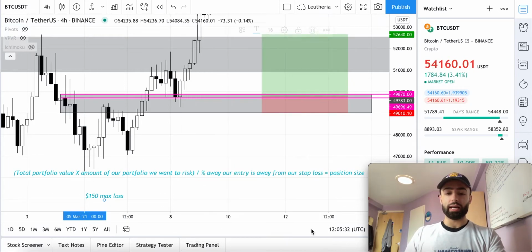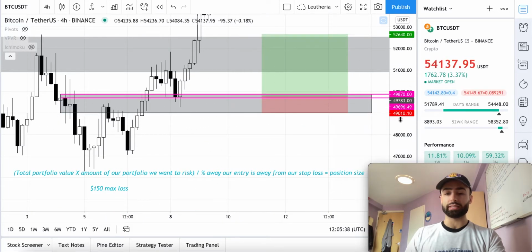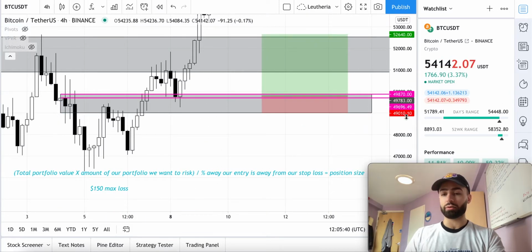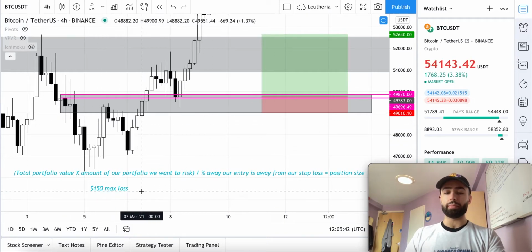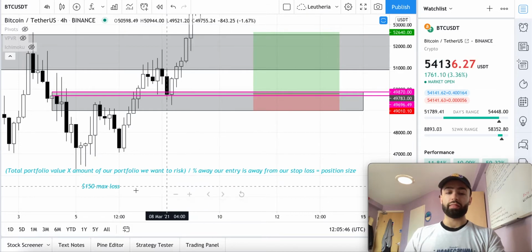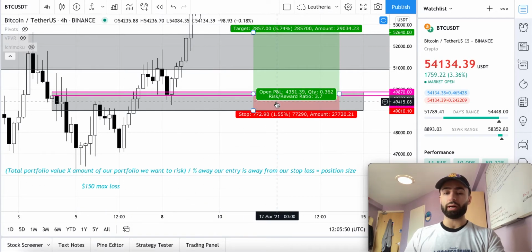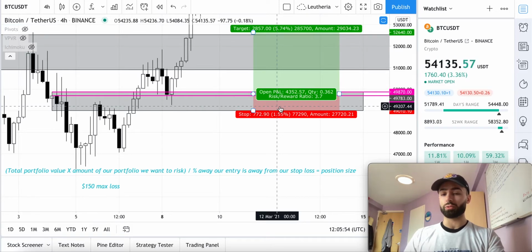And that means that if the trade goes against us, that is the max amount of money that we will lose. So if we get stopped out at exactly $49,010.10, this is the max amount of money that we can lose on the trade. And then what we do is we take the $150 and we divide it simply by the percentage our entry is away from our stop loss.